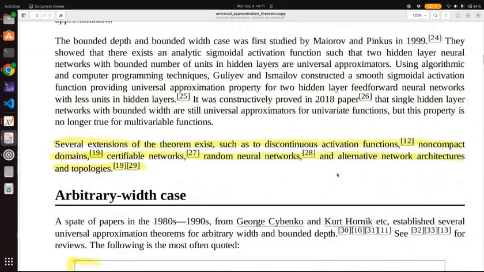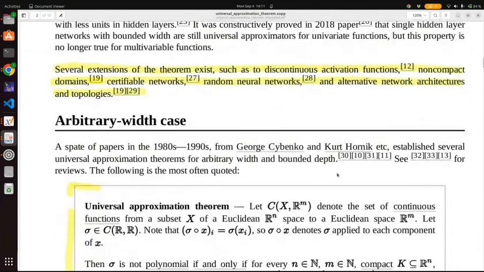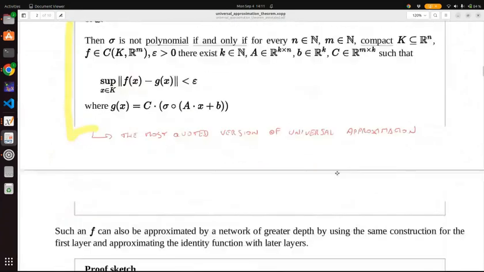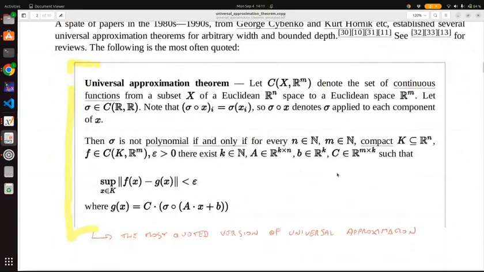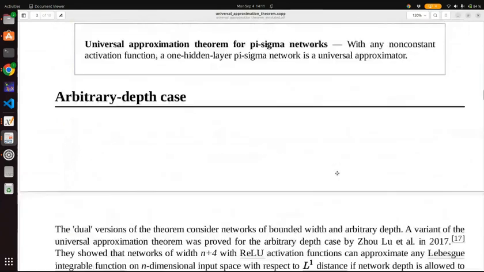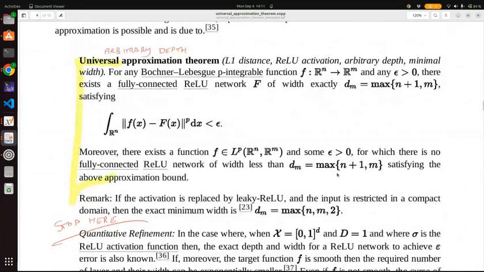Okay, there is the theorem in the form that is usually used, but I wanted to show you that there are also theorems where the class of functions that are approximated is not the class of continuous functions on the hypercube, but are L^p integrable functions.